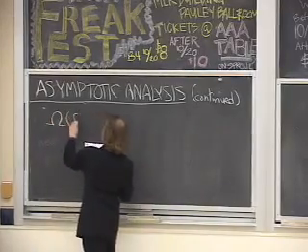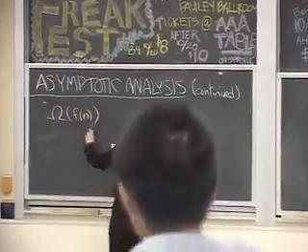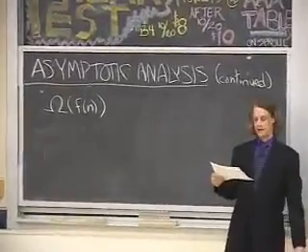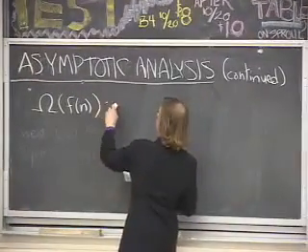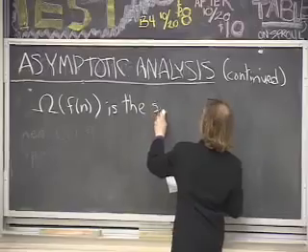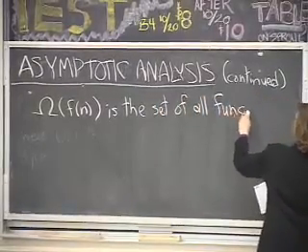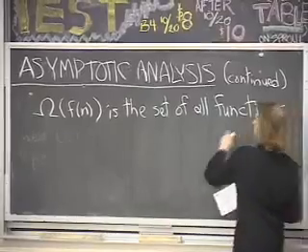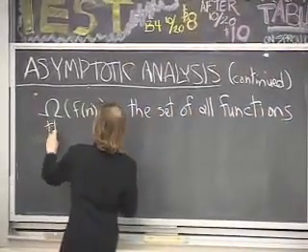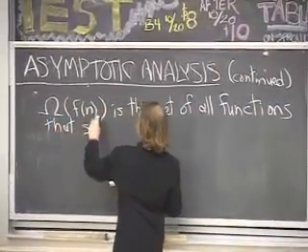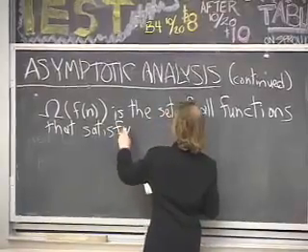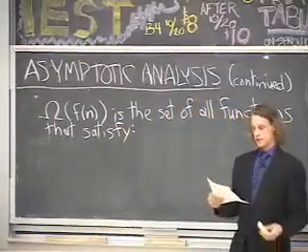Here's the formalism for it. Big omega of a function f of n is the set of all functions that satisfy the following statement.